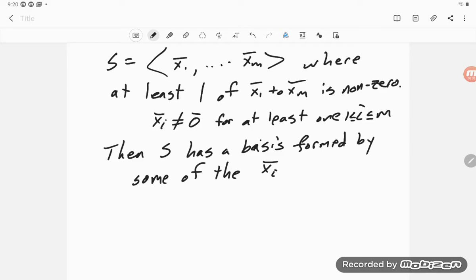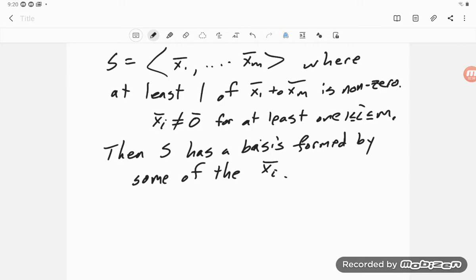Now the way they say it is, if we have S generated by some set of vectors where at least one is not zero, the others might be zero. It seems like, why would you put them in? But it could happen.